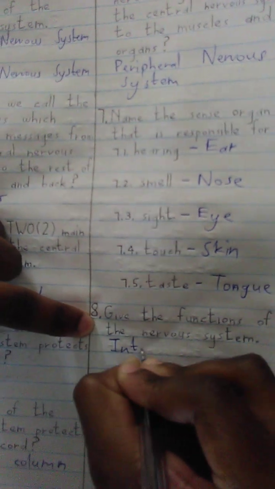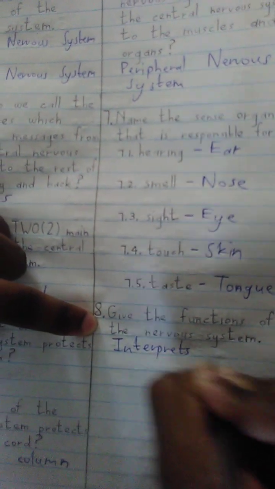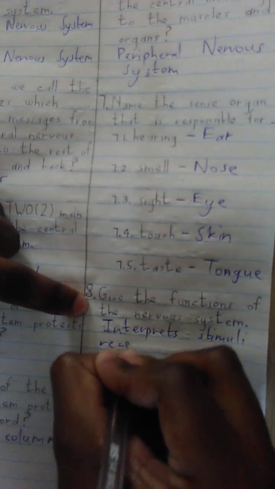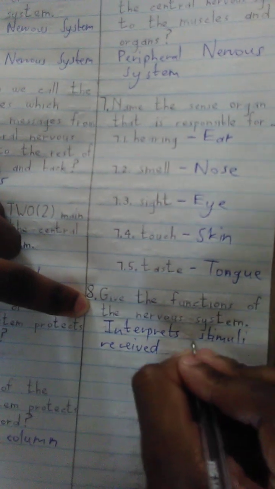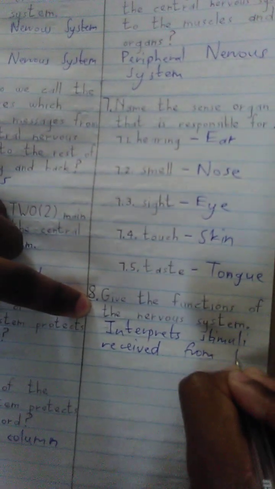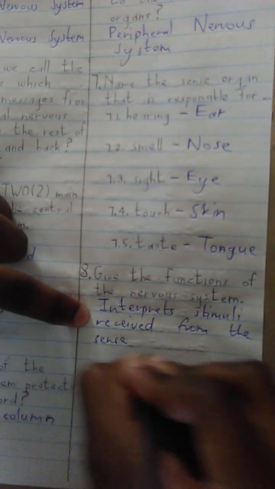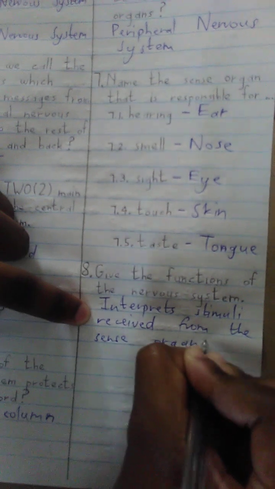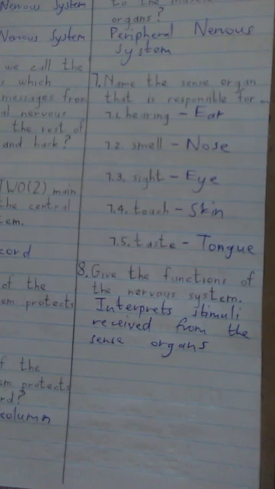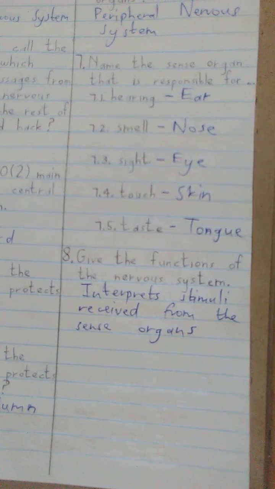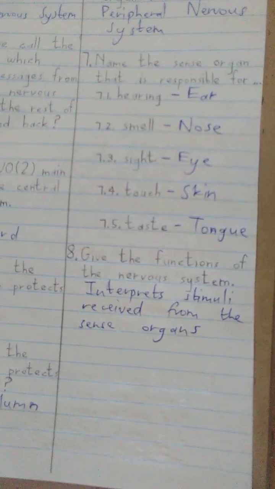So one of them is that it interprets stimuli received from the sense organs, right? So it interprets stimuli received from the ears, our eyes, so that we are aware of what is happening in our environment.